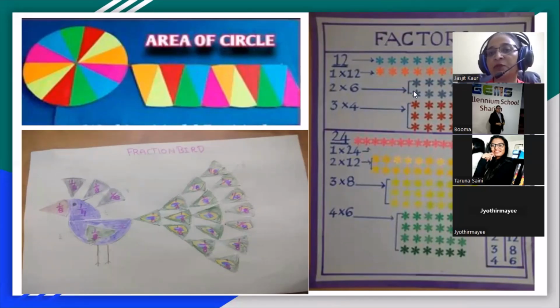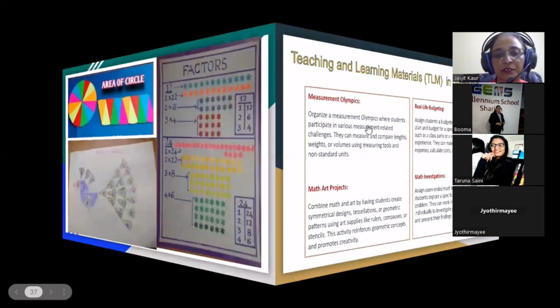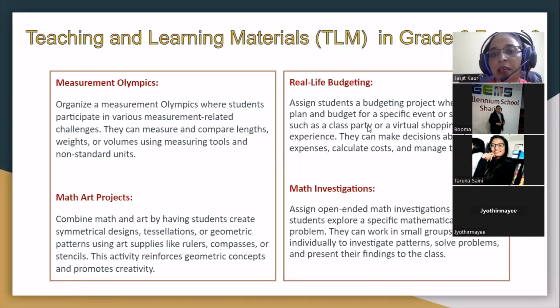What are the multiples of 6? Like this, you can help them. Or we can help them make a fraction bird. How many feathers are there? What is the fraction for the beak? Like this, you can help students understand the area of the circle. With real life budgeting, we can give them the chance.